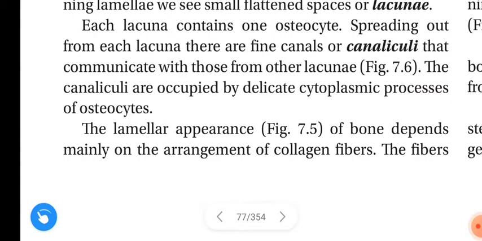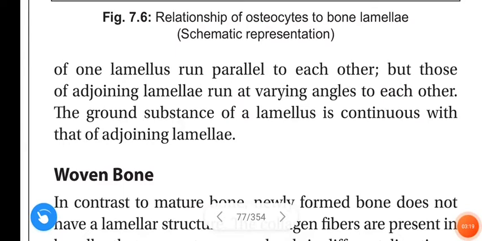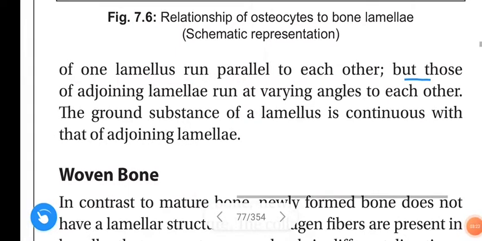The lamellar appearance of bone depends mainly on the arrangement of collagen fibers. You have to remember this. The lamellar appearance of the lamellae of bone depends mainly on what? That is the arrangement of collagen fibers. The fibers of one lamellus run parallel to each other, but those of adjoining lamellae run at varying angles to each other.